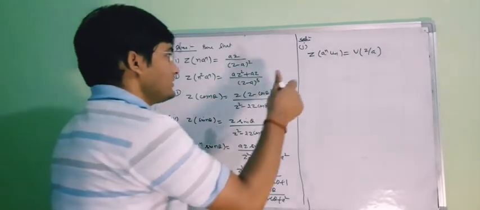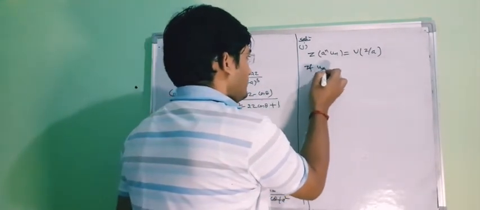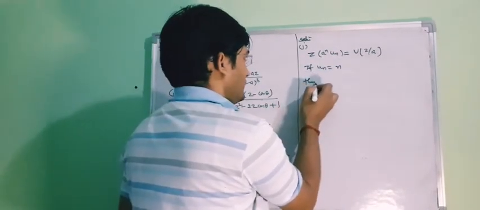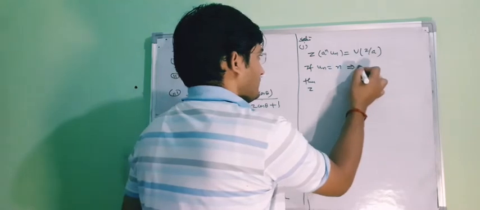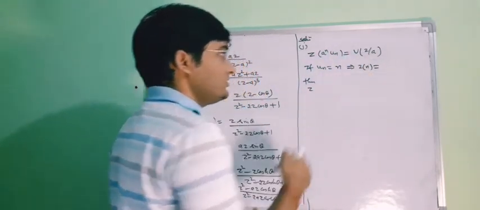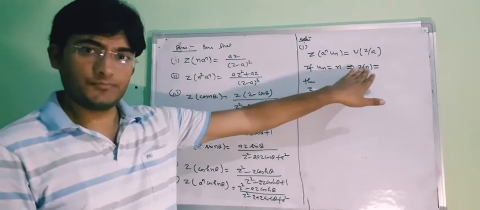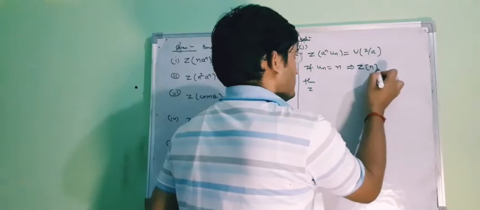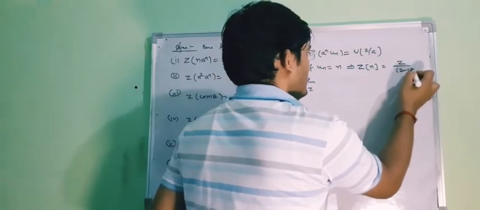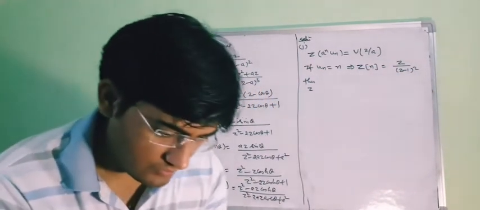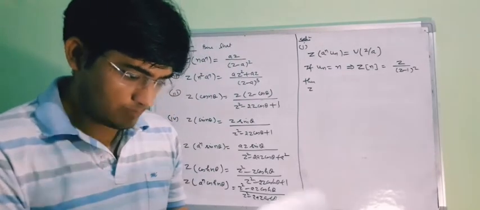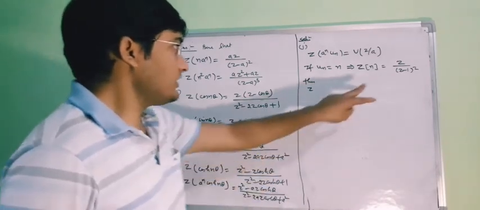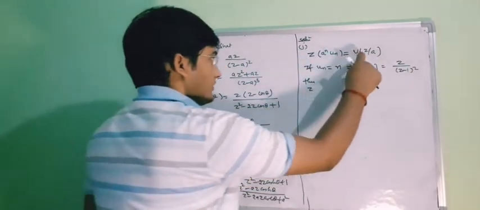Now here you can see that if un is equal to n, then first of all we have already got the Z transformation of n, and this Z transformation of n was z upon z minus 1 whole square. So we have the Z transformation of n. So now use this formula.